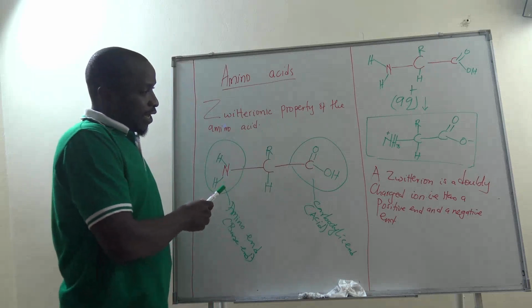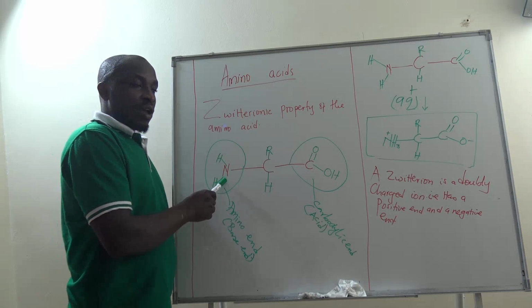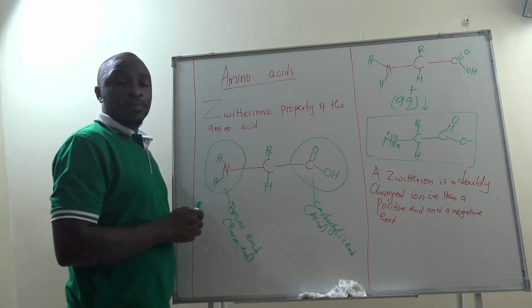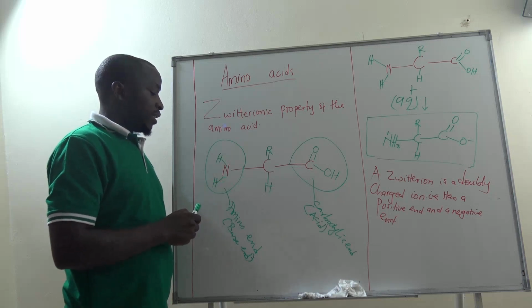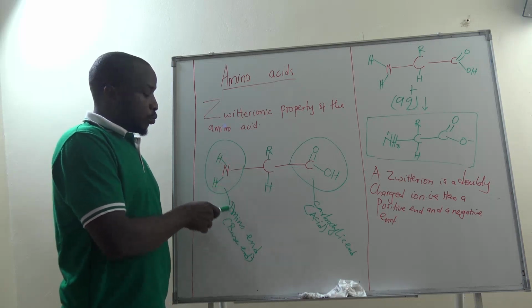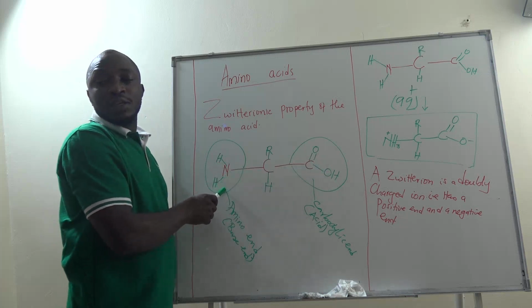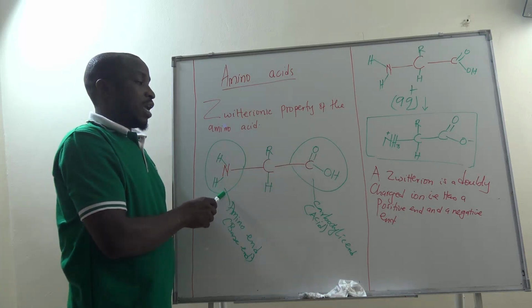Then the basic end absorbs protons, and we have that definition for bases. That bases are chemicals that absorb what? Protons. So what is lost by the acid end is gained by the basic end.